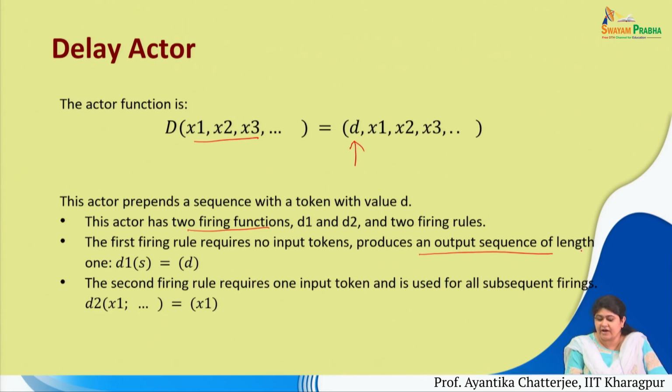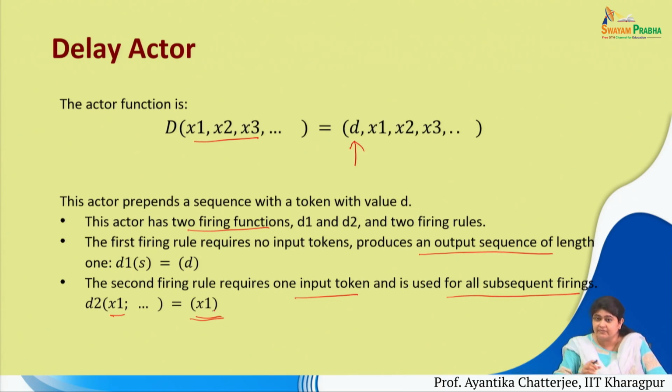The second firing rule requires one input token and is used for all subsequent firings. That means the second firing part takes the first token, maybe the second token and so on, and it is just appending this output to the final output of the actor.